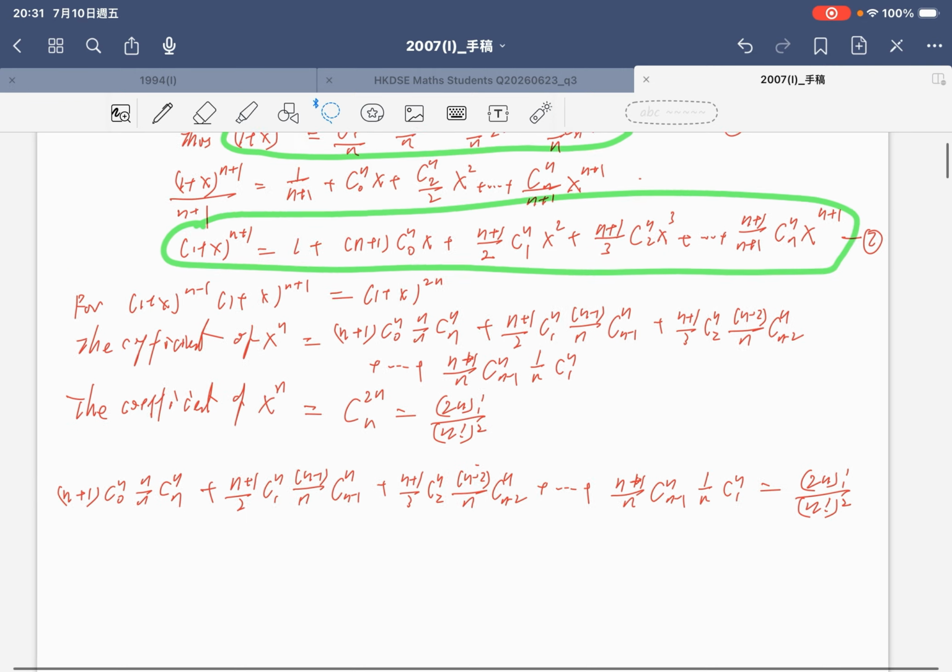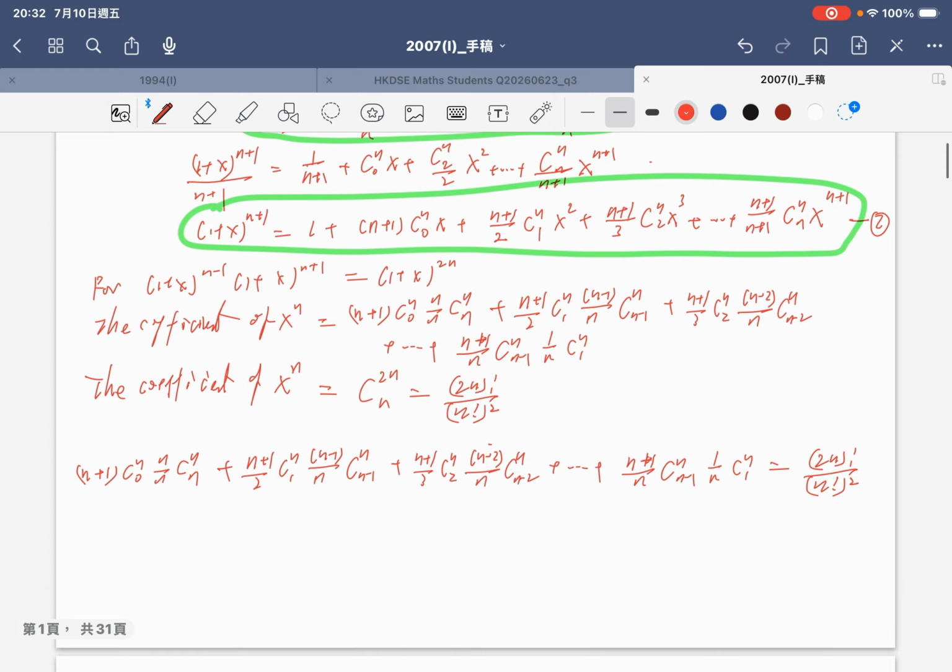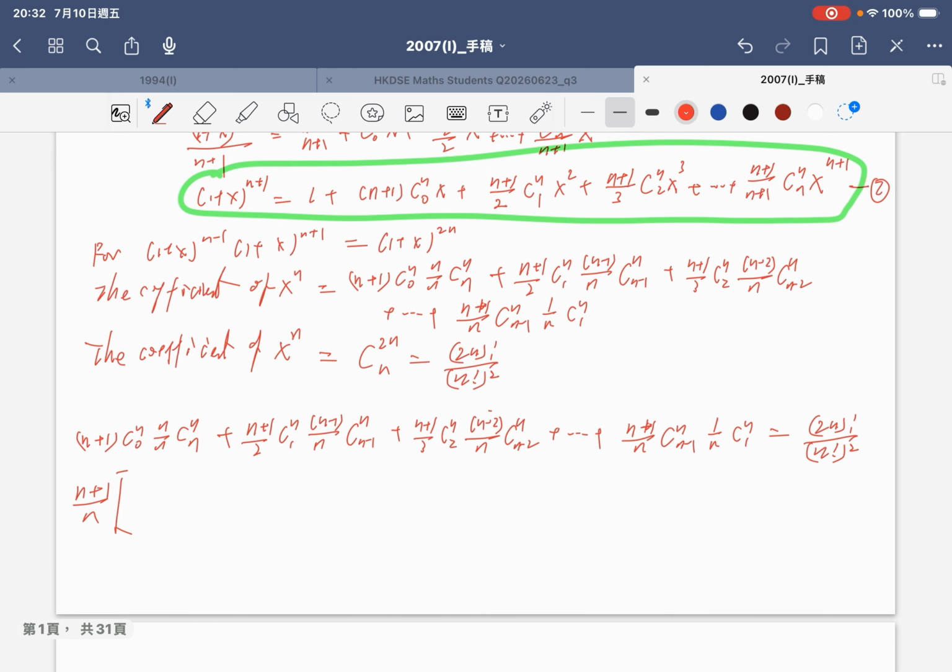Okay, next step, we have to simplify those terms. You can see that all terms have the common factor of n plus 1, and also the common factor of n in the denominator. Therefore, we can factorize (n plus 1) over n outside. The first one is n here, and change this nC0 to nCn, keep this one, therefore square.